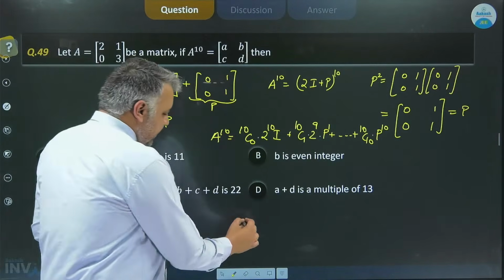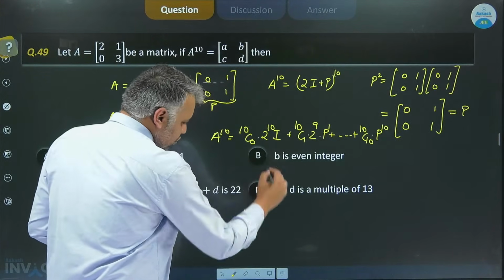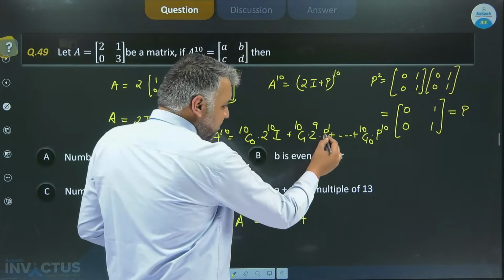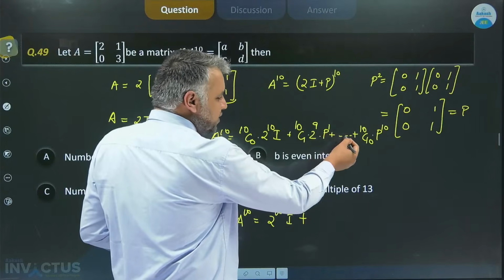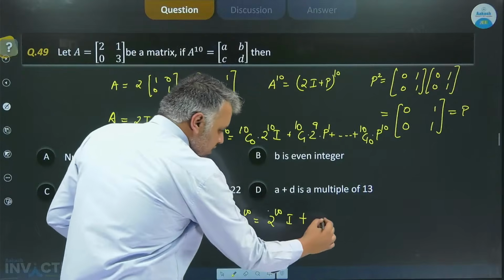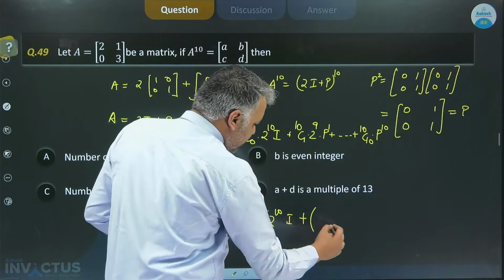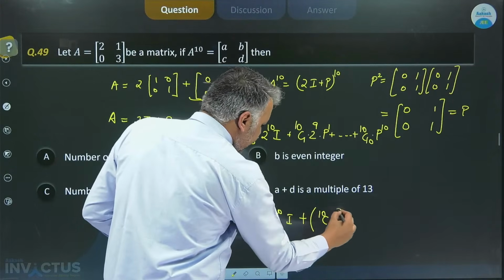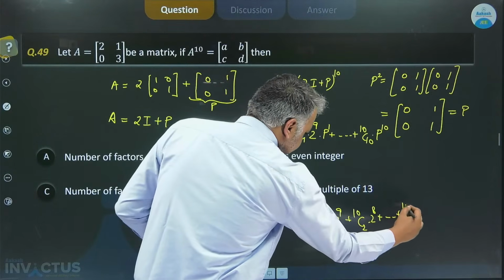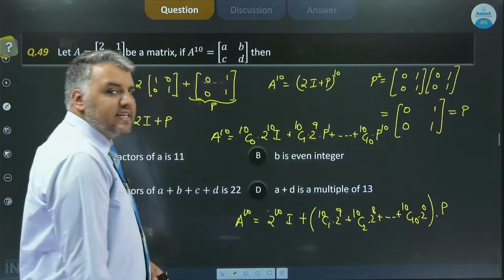So if I observe, A power 10 is 2 power 10 into the identity matrix plus, now here this will be P power 1, in the next term P square is again P power 1, and P power 10 is P power 1. If I take the scalars common, we get 10C1 2 power 9 plus 10C2 2 power 8 up to 10C10 2 power 0, times P.